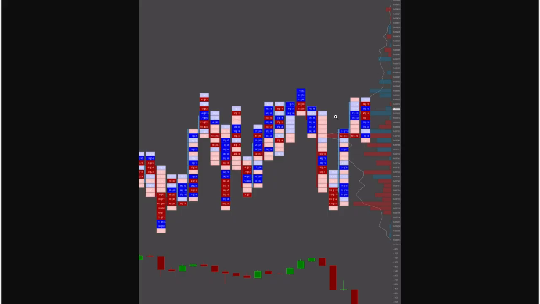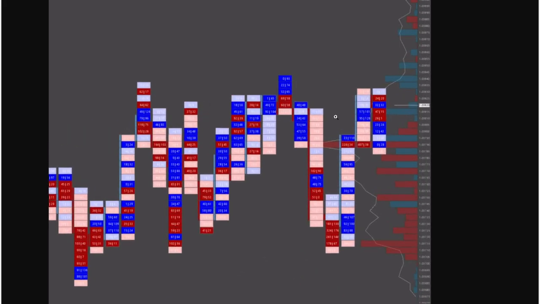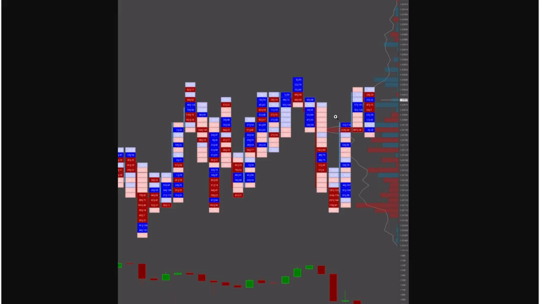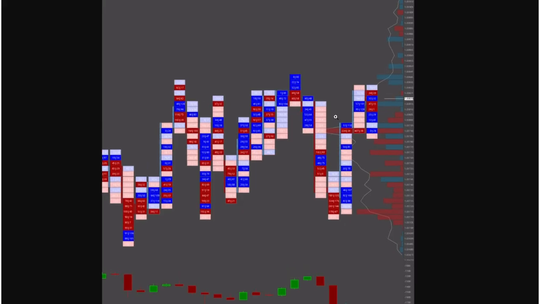Let's go on. Let's go on to the first overview of the footprint that we will cover deeply in the live session of next week. The footprint is a tool that resembles a candlestick, but you can see numbers in it.